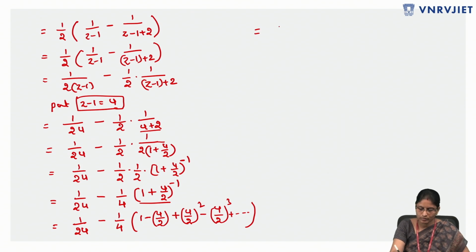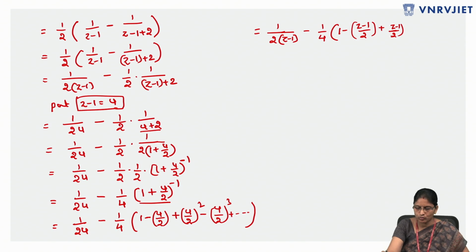That equals 1 by 2 into, what is u here? z minus 1, minus 1 by 4 into 1 minus z minus 1 by 2 plus z minus 1 by 2 whole square minus and so on.